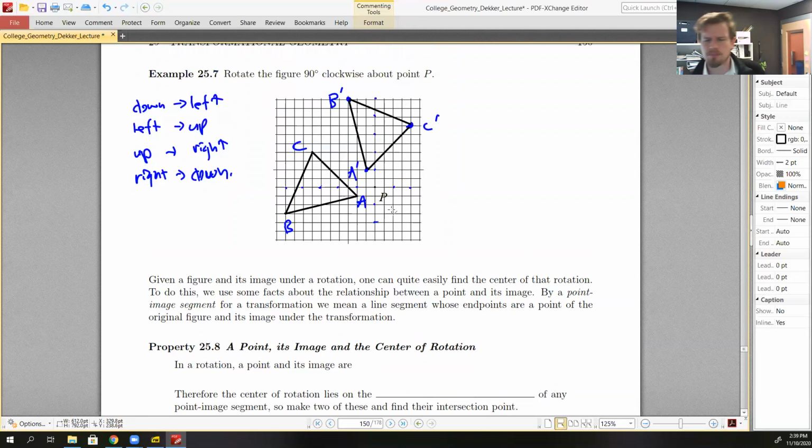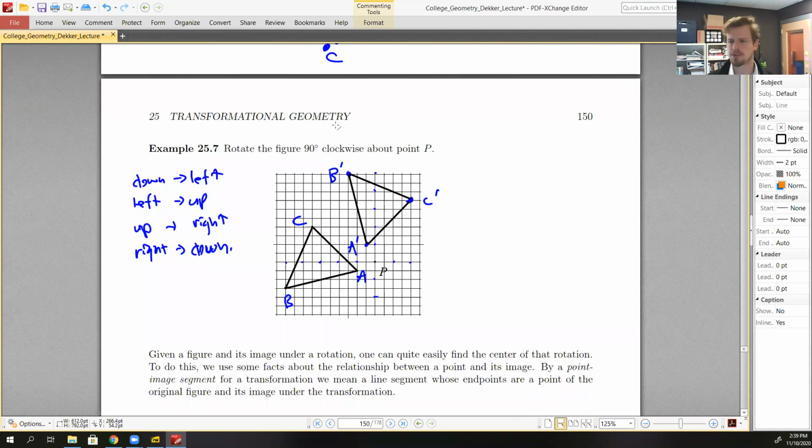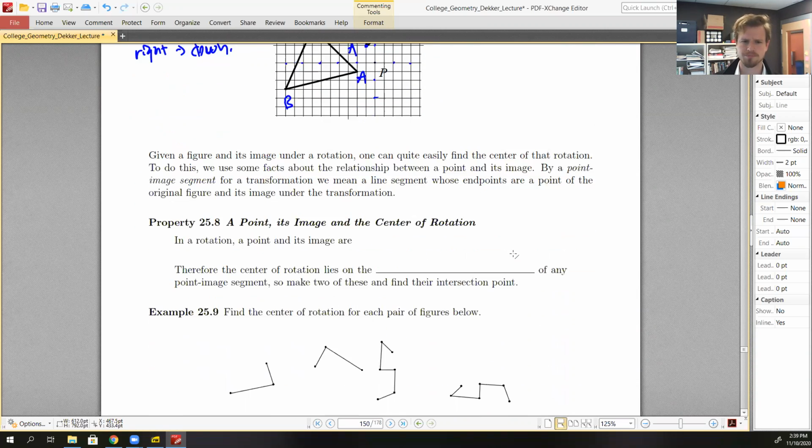So we talked a little bit about this particular property. I stated it as how we can find our rotation of points. But when we consider a rotation of points, the original point and the new point, the image of a point, are the same distance from the point of rotation.